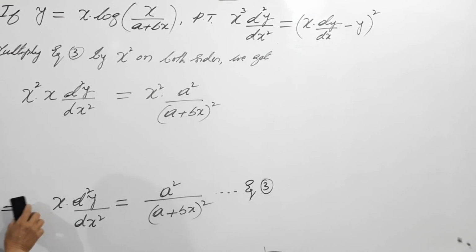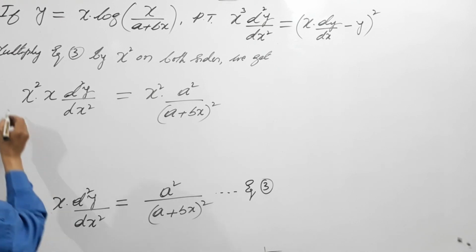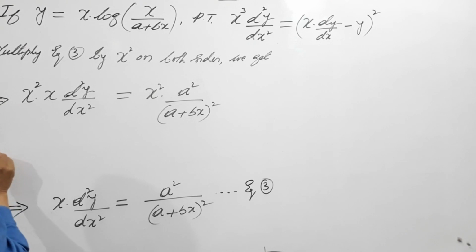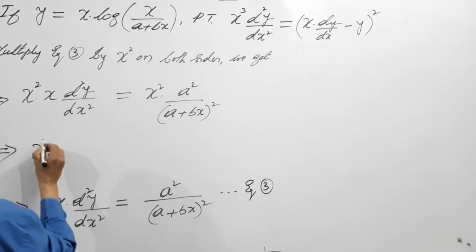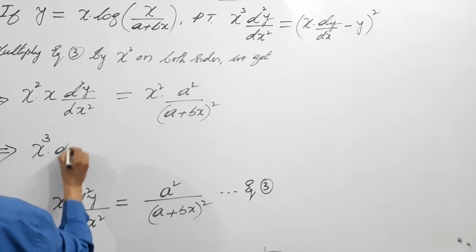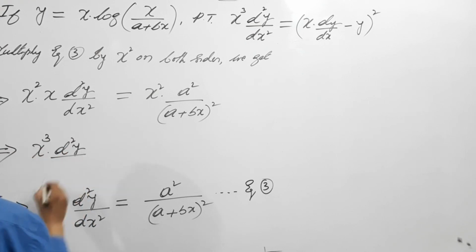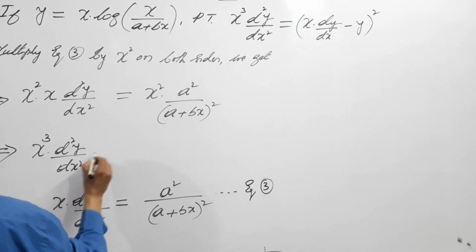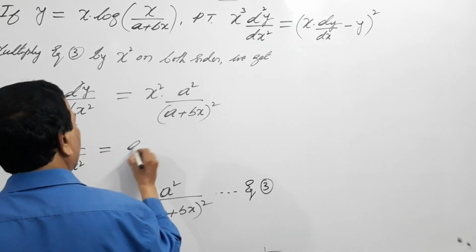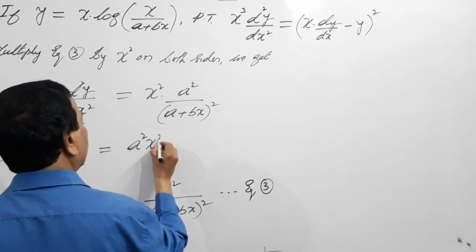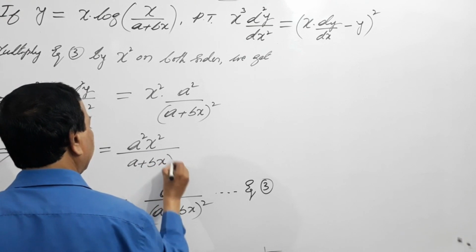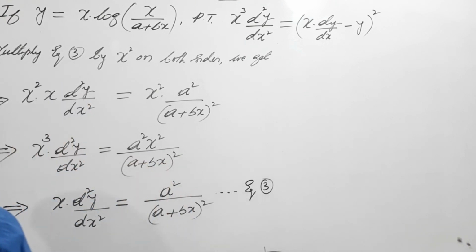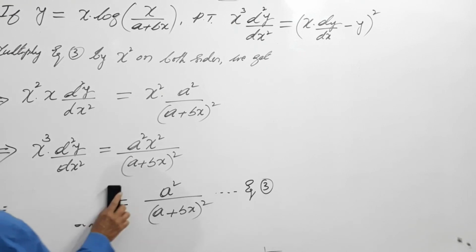Okay, one more step. X square into x, this is x cube into d square y by dx square equals a square x square by a plus bx the whole square.